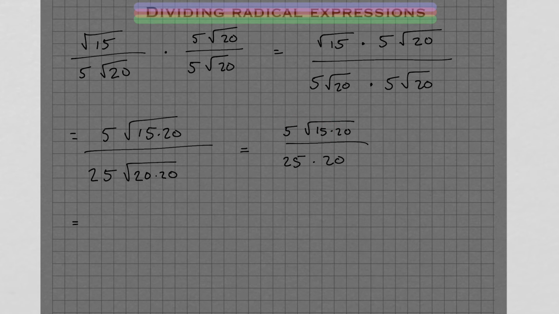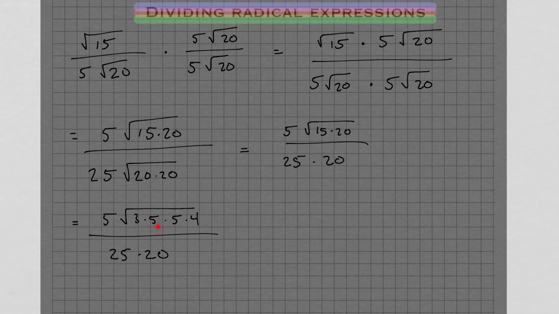So we get 5 times the square root of 3 times 5 times 5 times 4. 15 is 3 times 5, 20 is 5 times 4. And then, of course, that's going to be over 25 times 20. Now, I'm leaving it like this. I'm not multiplying these out because I'm assuming that in a moment we're going to be able to cancel things out.